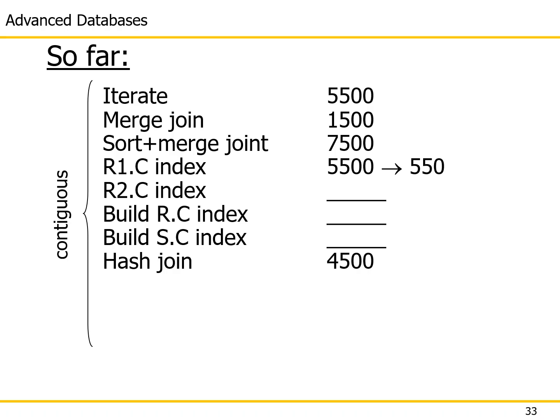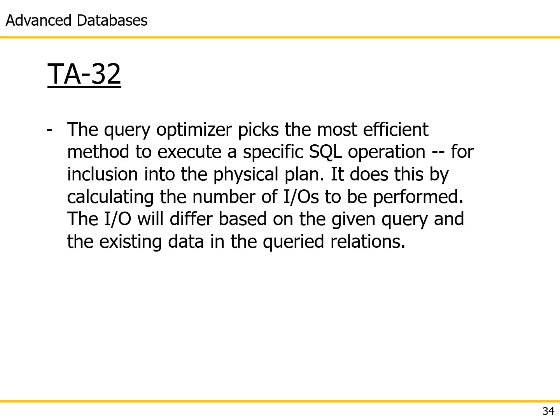Is it going to use merge join or iteration join and so on? So you might run a specific SQL statement, and then you print the plan and you see it's using merge join, and then you change the data and run the same SQL statement and you see suddenly it's changing and telling you it's going to use hash join. So this changes from one run of the same SQL statement to another.